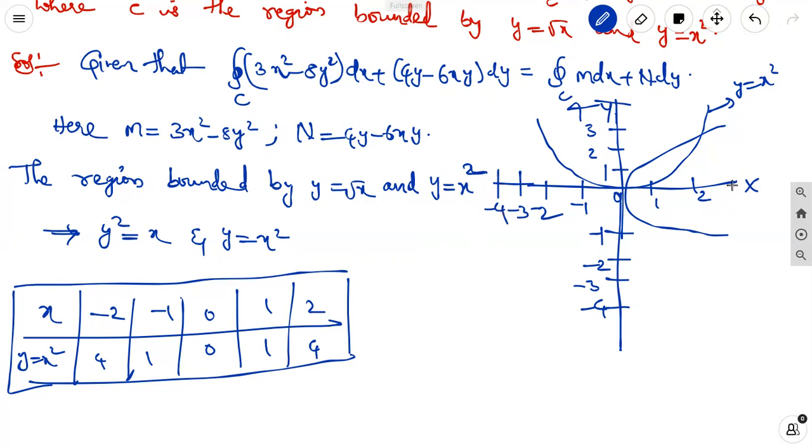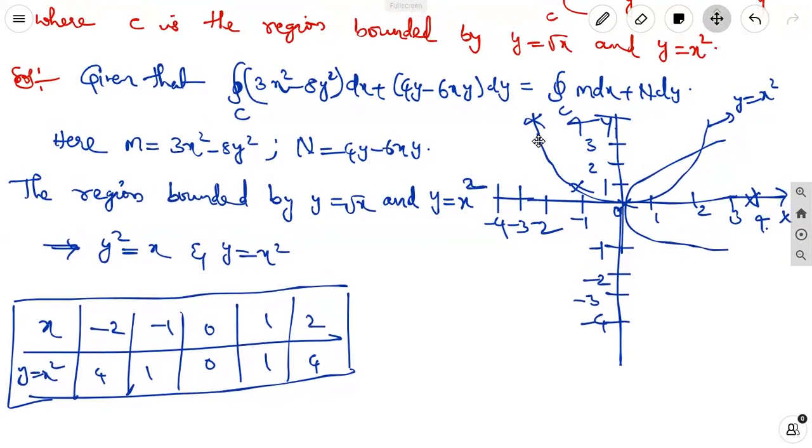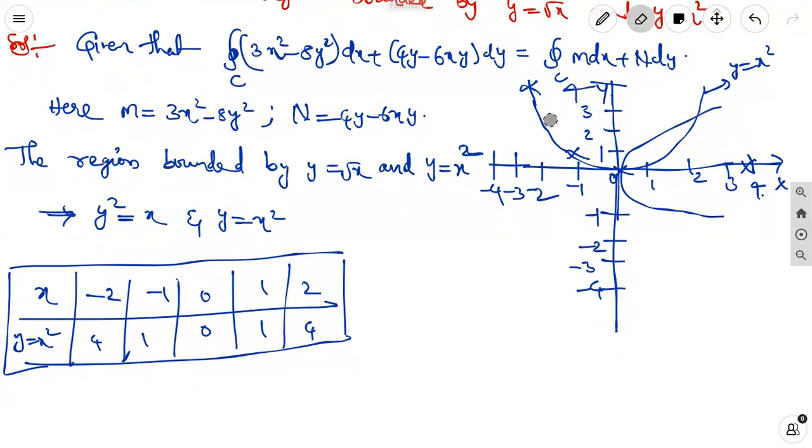For x = −2 the value is positive, 4; for −1 it is 1; for 0 it is 0; for 1 it is 1; and for 2 it is 4. We can draw the parabola like this.